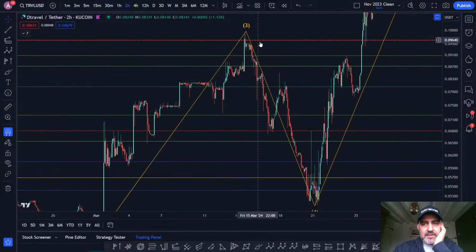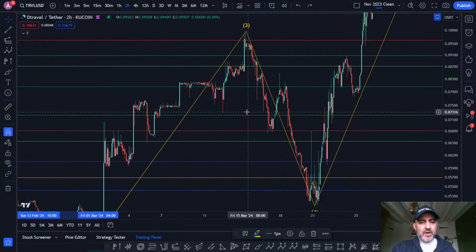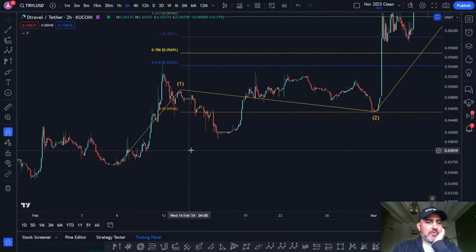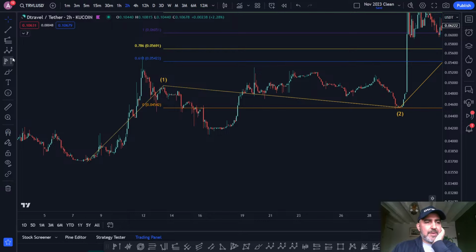And then I'm seeing how the price reacts at the trend-based fib levels to see if I've counted right. So I'm just counting and trying to match up what I think could have happened.